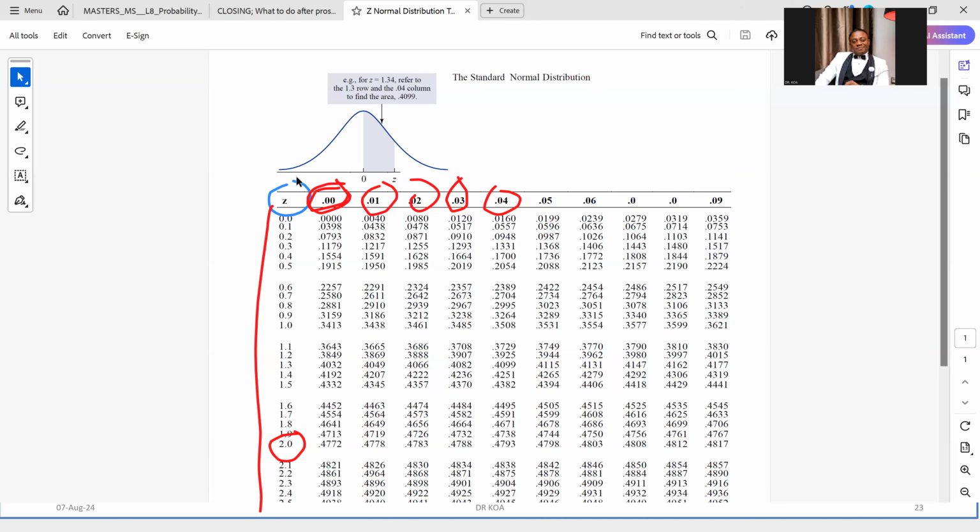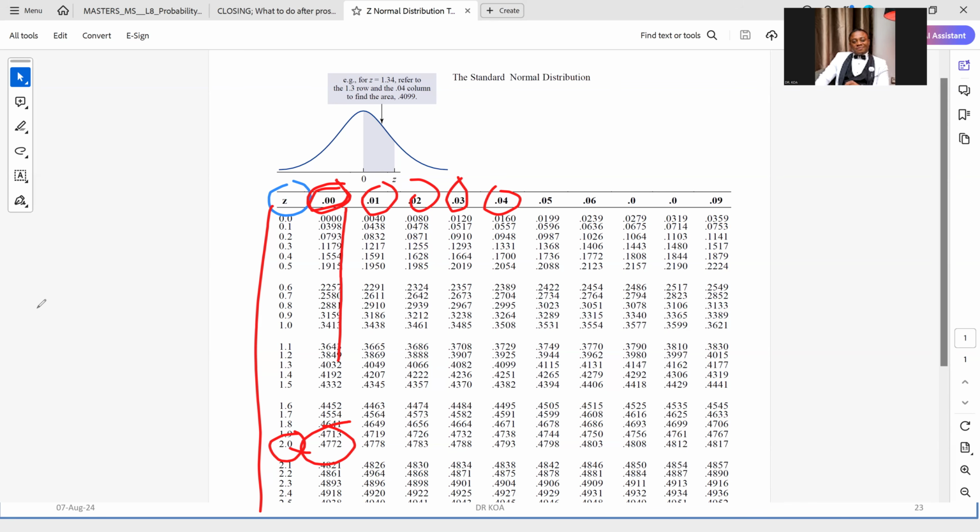And where that 0.00 meets the 2.0, where they meet, this one is coming down, this one is going rightward, that is your z value. So ladies and gentlemen, what is our value? 0.4772. Correct.